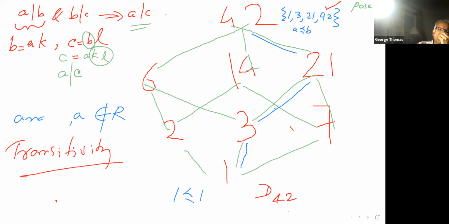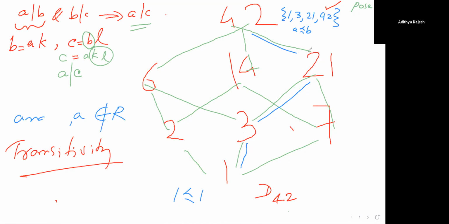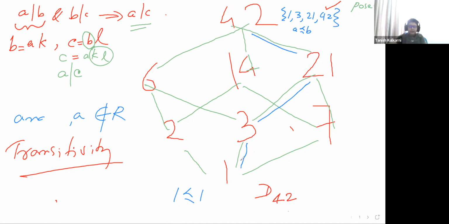But this subset, this partially ordered set is nicer. What is nice about it? It is transitive. Not only that, every element is related.